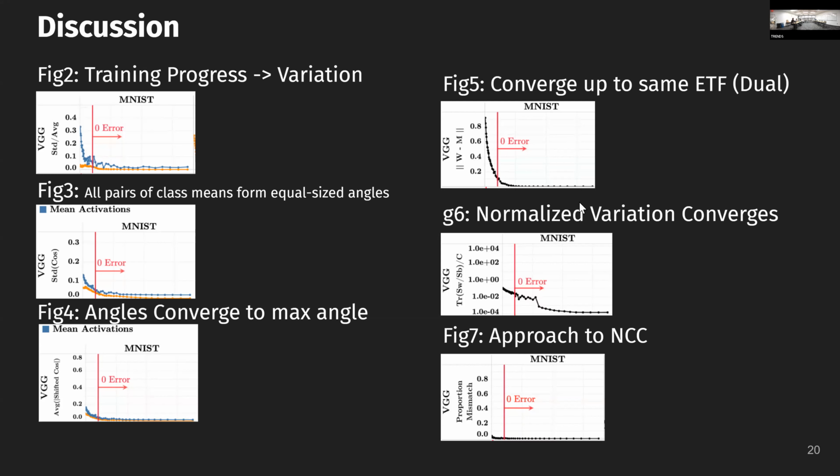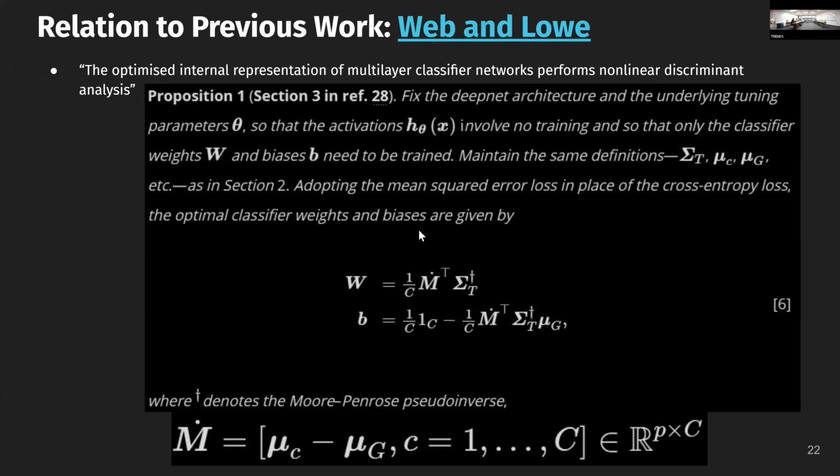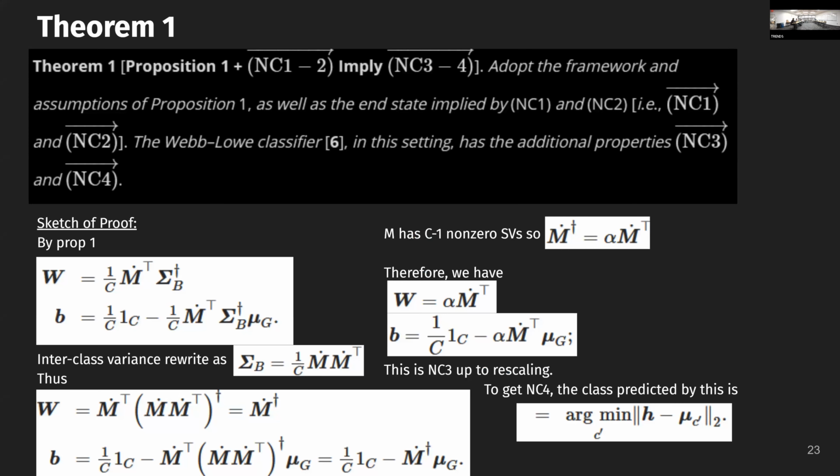I had a summary. There's a lot more to talk about. There are some connections to previous work that they show, but I'm not going to go into it. Most of these previous works are trying to characterize what these classifiers do, and they've described it in terms of max margin classifiers.